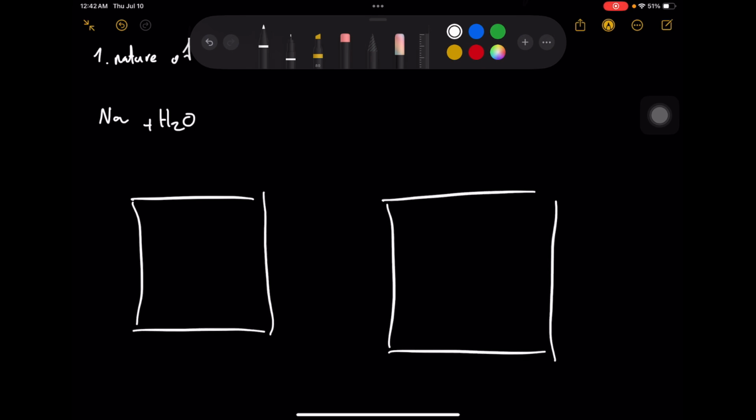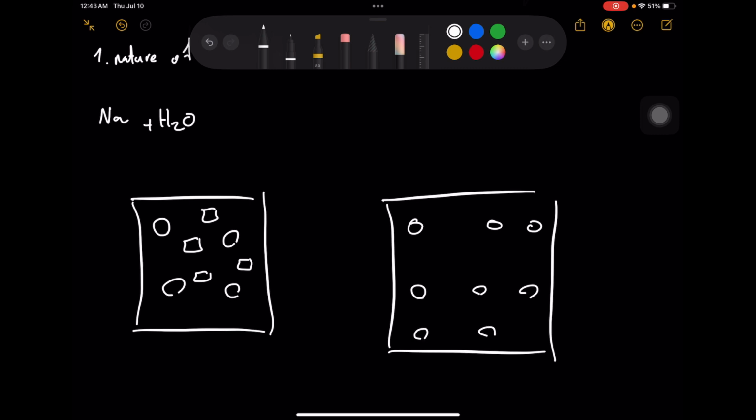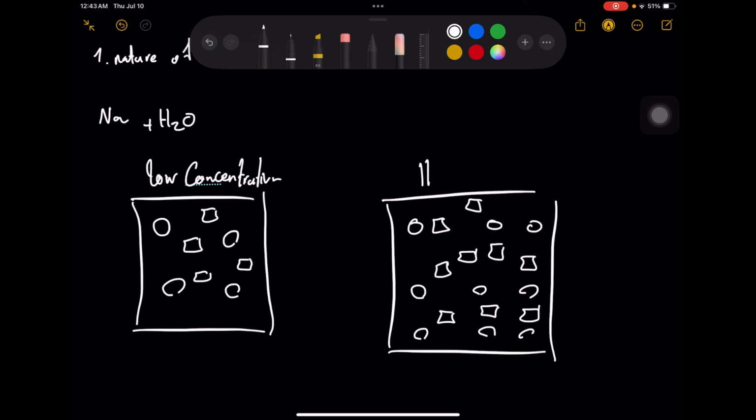Imagine we have two boxes, and there are only a few molecules in this one, and in this box there are 9. So this one has low concentration. This one has high concentration.